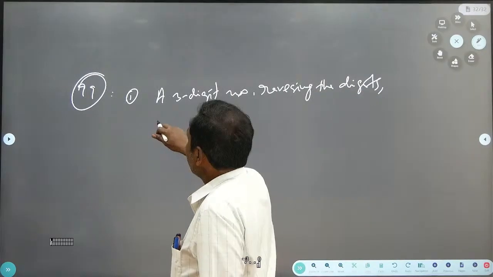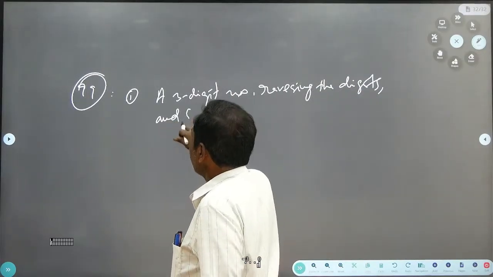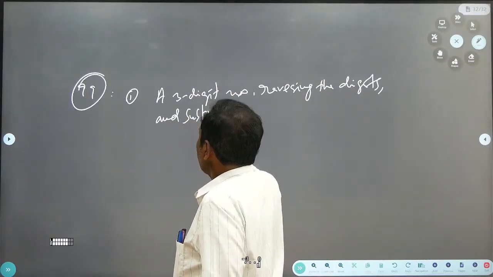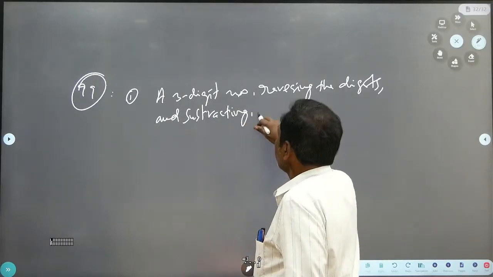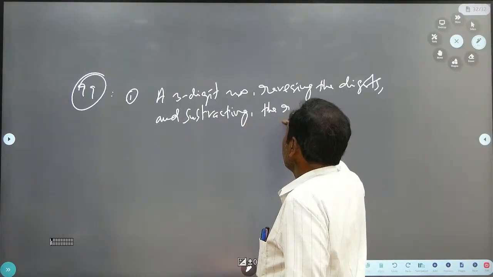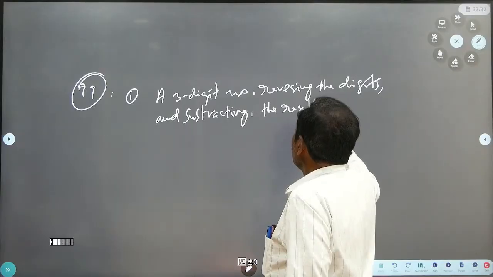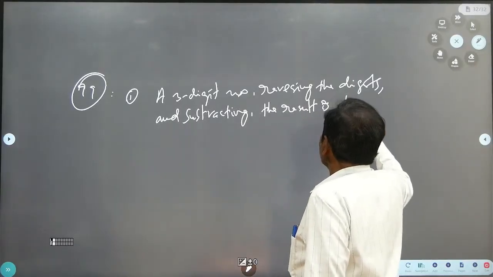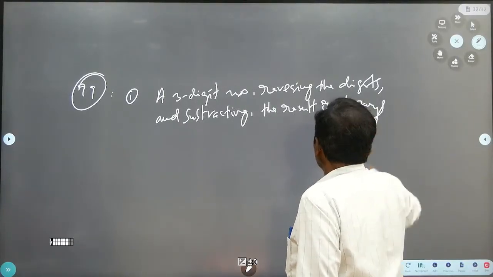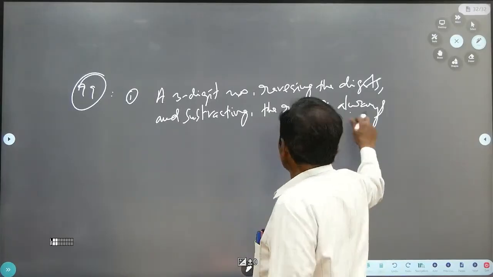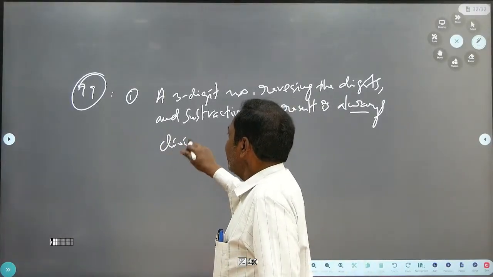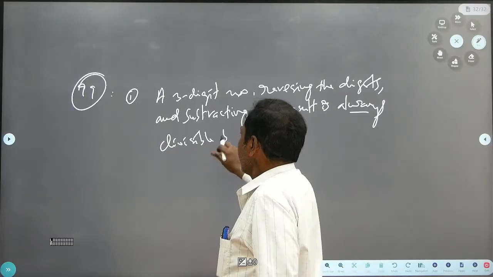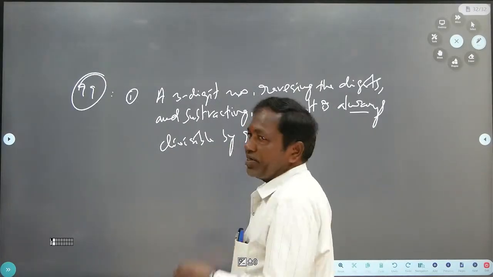Reversing the digits and subtracting, the result is always, whenever the word always comes, that is a property, always divisible by 99.